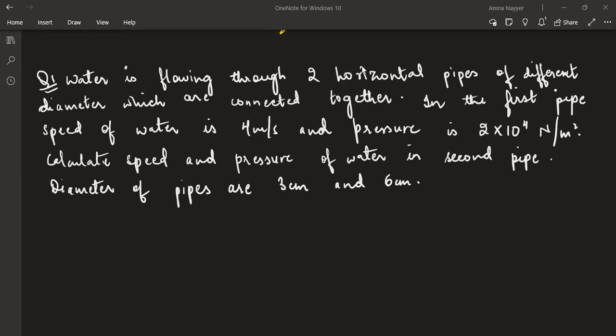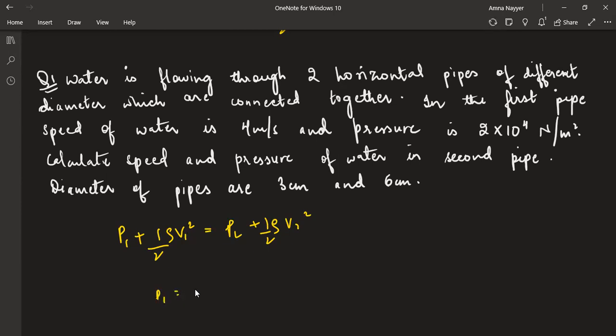Now, see, the question says that water is flowing through two horizontal pipes of different diameters, which are connected together. In the first pipe, the speed of the water is 4 meter per second. Pressure is given as 2 into 10 to the power 4. So apply P1 plus half rho V1 square is equal to P2 plus half rho V2 square.